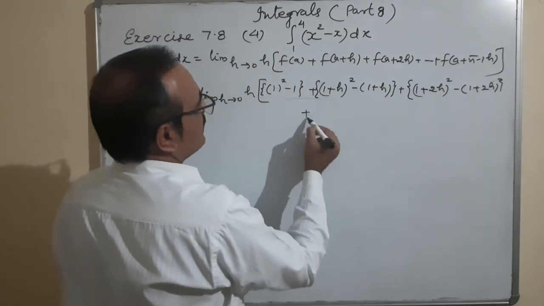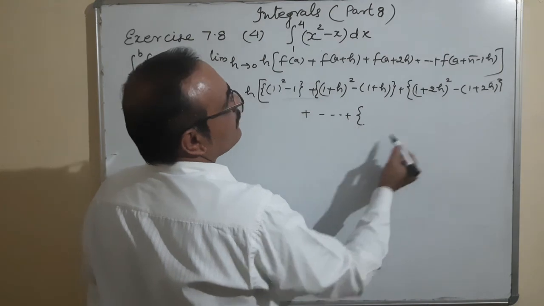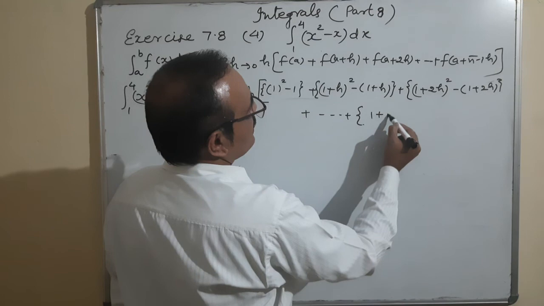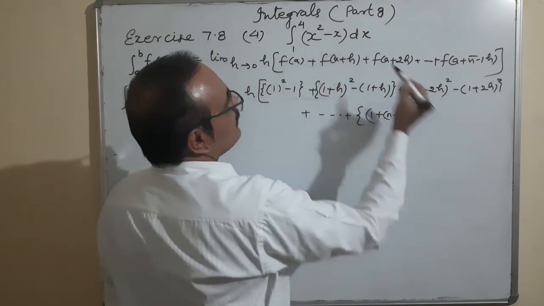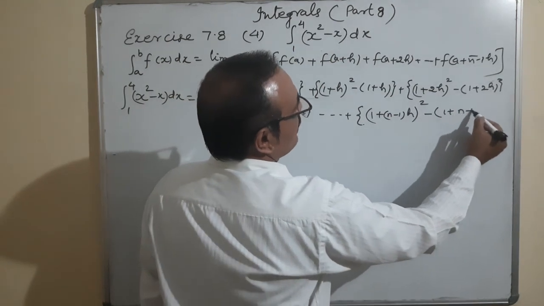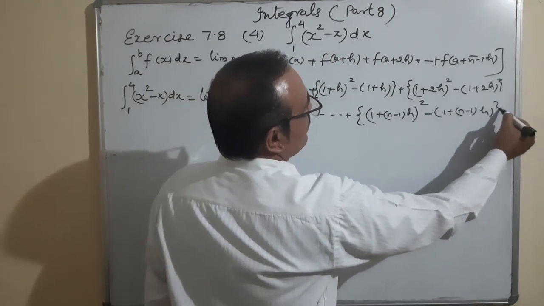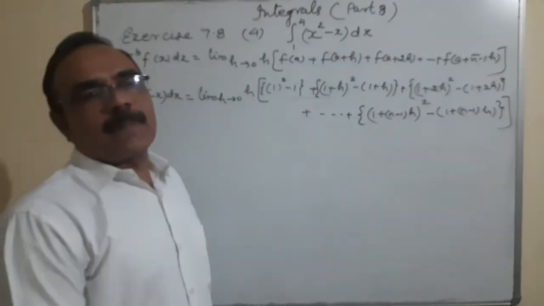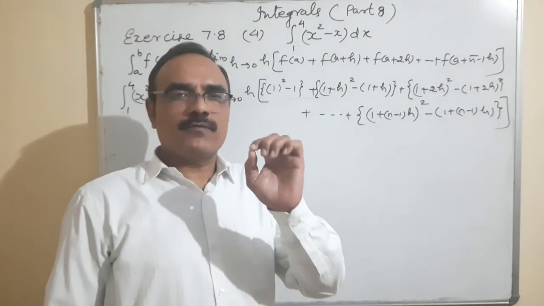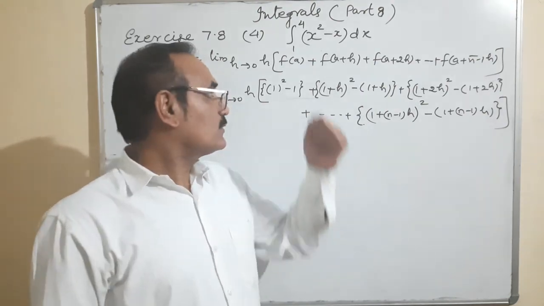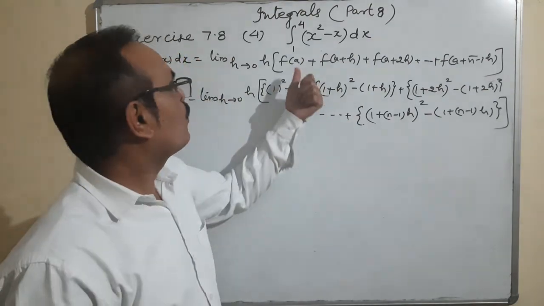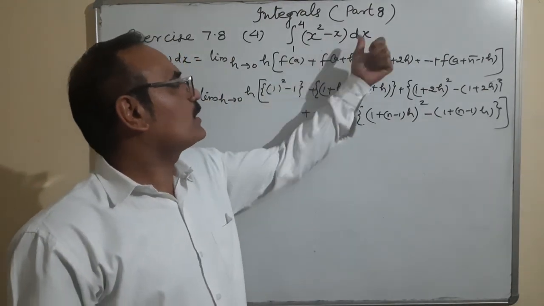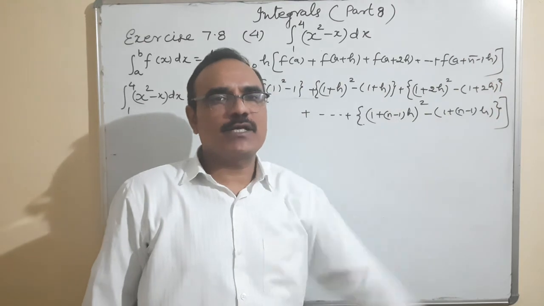Plus 1 plus n minus 1 into h whole square minus 1 plus n minus 1 into h. Is it clear? Nothing I have done, only in place of x I have put the lower limit 1, and then 1 plus h, 1 plus 2h, 1 plus 3h and 1 plus n minus 1 into h.